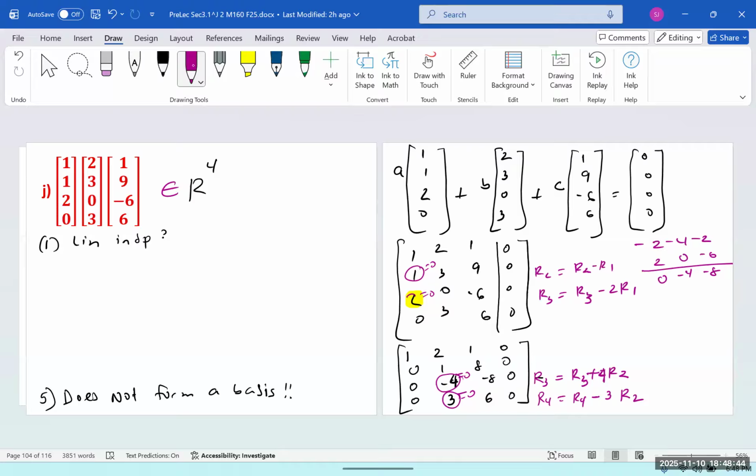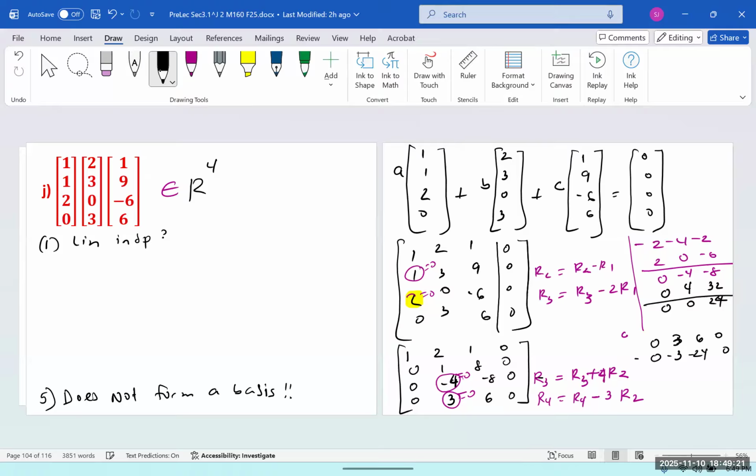So R3 is 0, -4, this one. And if you subtract 4R2, meaning 0, 4 times 1 is 4, 8 times 4 is 32. I get 0, 0, 24. And R4 minus 3R2. So R4 is 0, 3, 6, 0. 3 times 2, so 0, 3, 24.